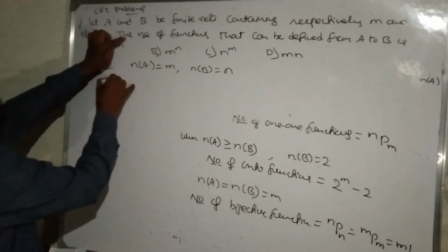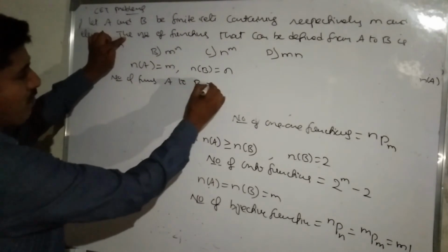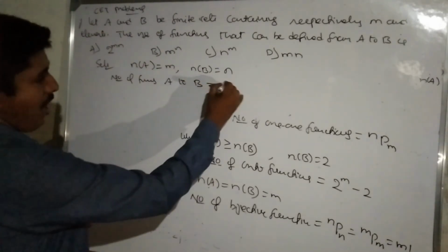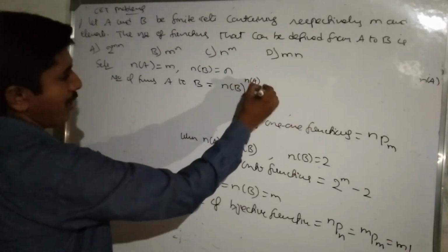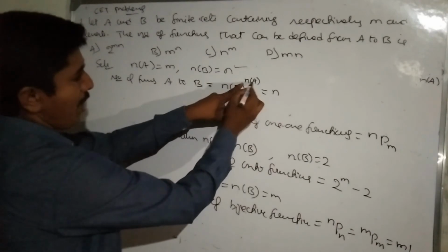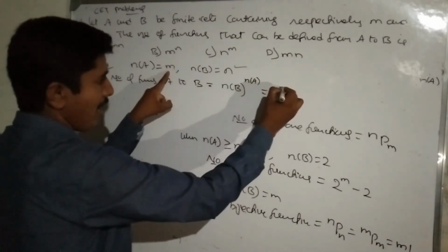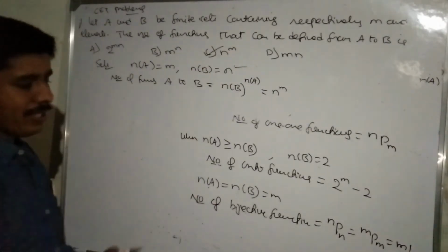Then the number of functions from set A to set B, we know that formula: number of elements of codomain power number of elements of domain. The number of elements of codomain is n, and the number of elements of domain is m. n power m, that's it. Clearly C option is the right option.